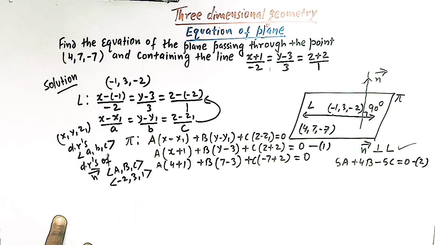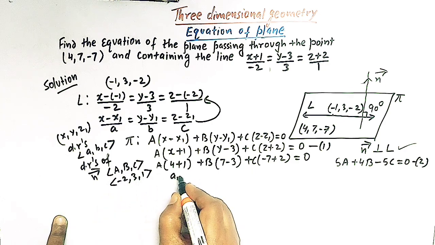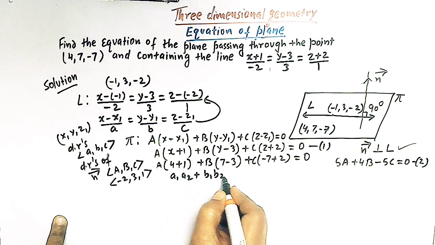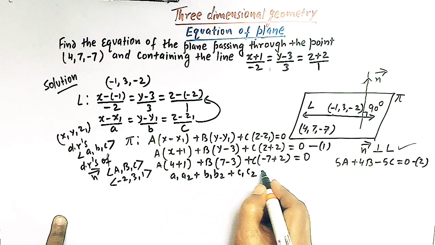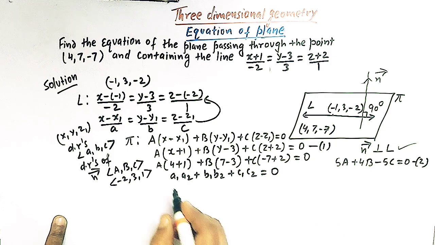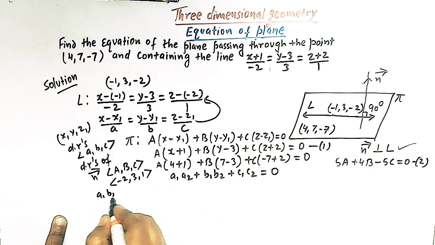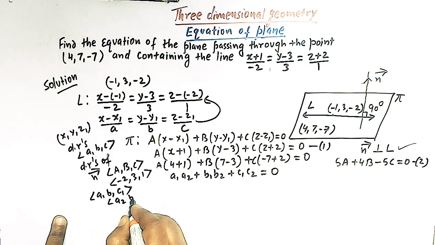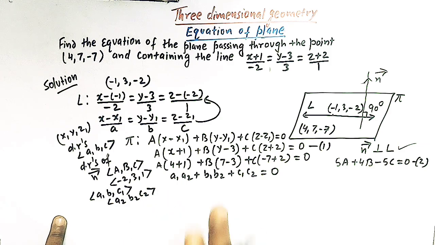When two vectors are perpendicular to each other, we have the condition a1 a2 + b1 b2 + c1 c2 = 0, where a1, b1, c1 are the direction ratios of the first vector, and a2, b2, c2 are the direction ratios of the second vector.